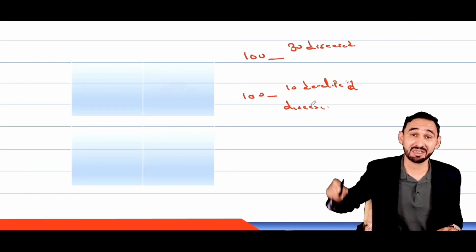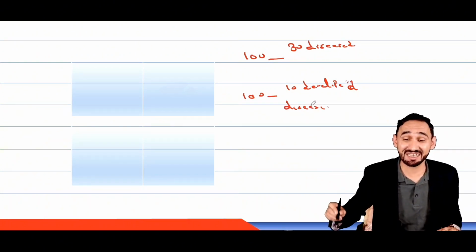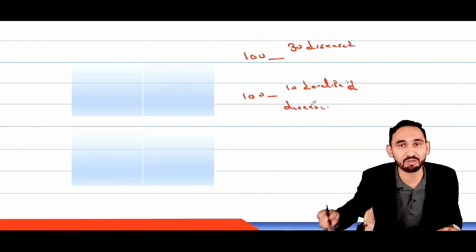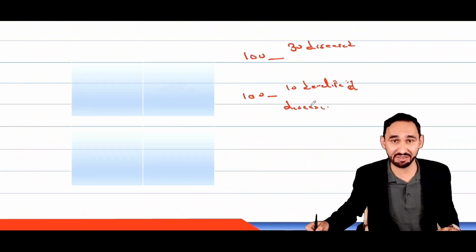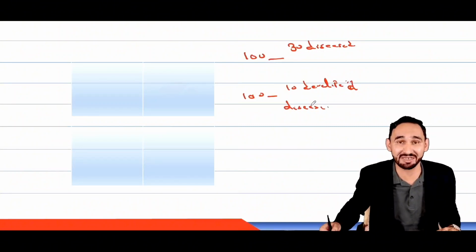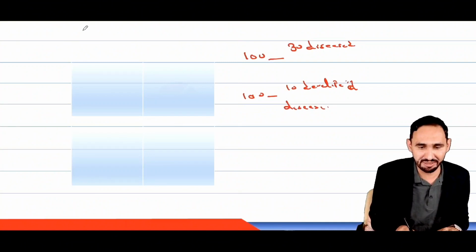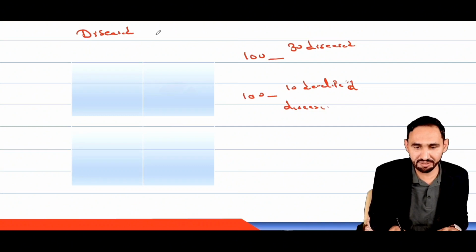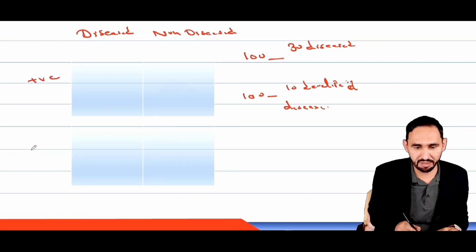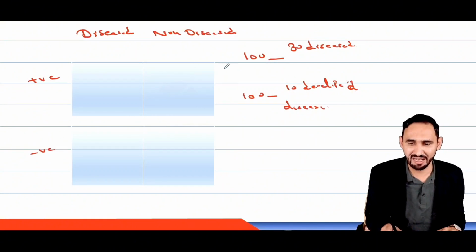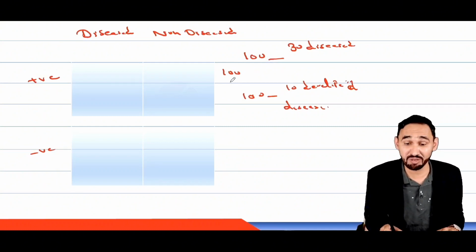In a cohort study, the number of exposed people is divided into diseased and non-diseased, and the number of non-exposed people is also divided into diseased and non-diseased. So we'll write diseased here and non-diseased here. People who are exposed and non-exposed. We already said 100 people were exposed to smoking, and 100 people were non-smokers.